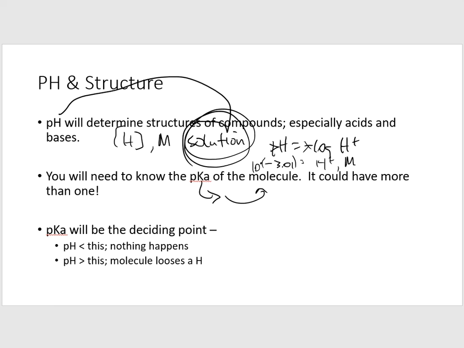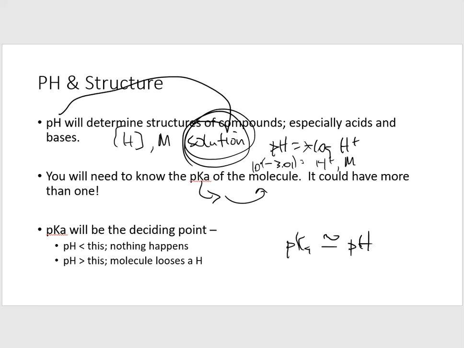Okay, they're related, but they're not identical. So pKa will be the deciding point. This is something that we've talked about already up to this point. pKa and pH are related, and pH will affect the pKa or vice versa, depending on how you want to look at it, and the structure of a molecule.